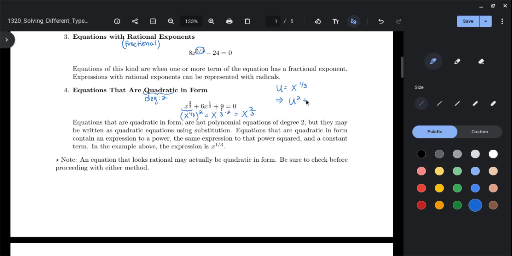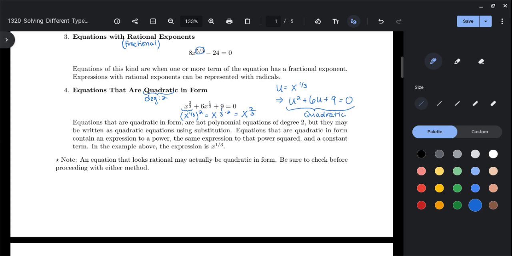So now I can rewrite that as, instead of 6 times x to the 1/3 power, I have 6 times u plus 9 equals 0. So now this equation here, that is a quadratic equation. We had to use some sort of substitution to make it become a quadratic polynomial.